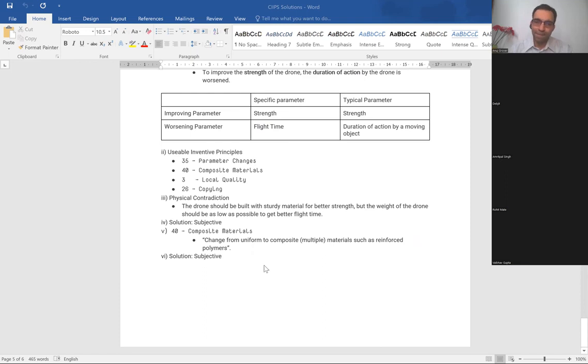I wrote, in order to solve this physical contradiction, I first looked up using composite materials. We can maybe use a composite material like carbon fiber components, composites which have a high percentage of carbon atoms, which gives it a high tensile strength and at the same time low weight. Okay. So you added some more details to it so that it becomes a specific solution. Okay. What about others?